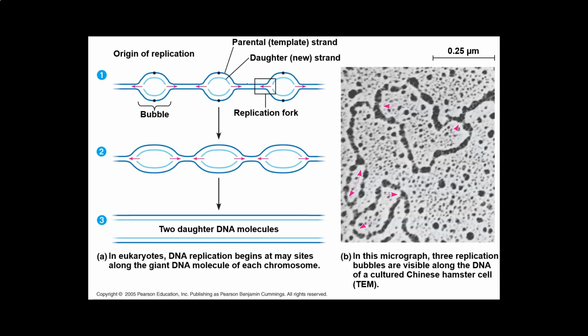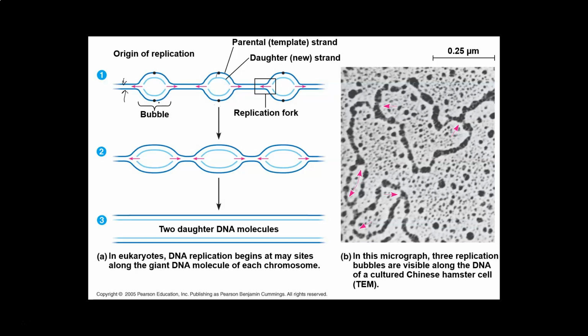So what happens when the cell wants to copy its DNA is that the 2 strands will separate at what they call an origin of replication. And that can happen multiple times. So it's like, you know, the 2 strands are the blue lines. So they come apart, they're separated, that's called a replication bubble.